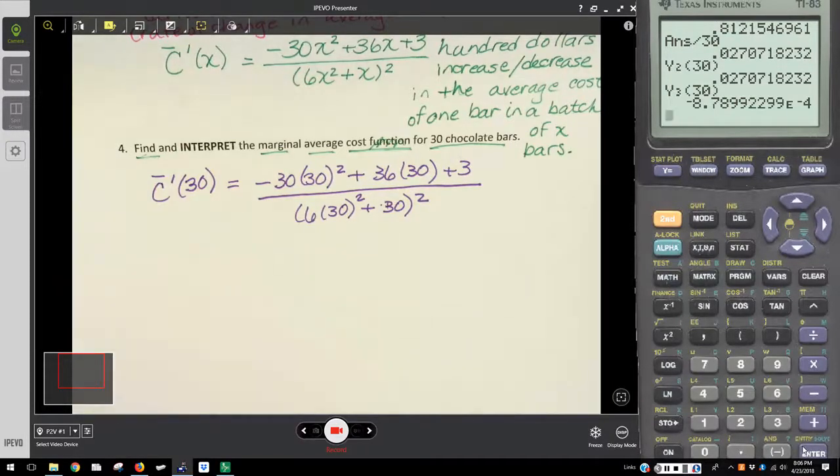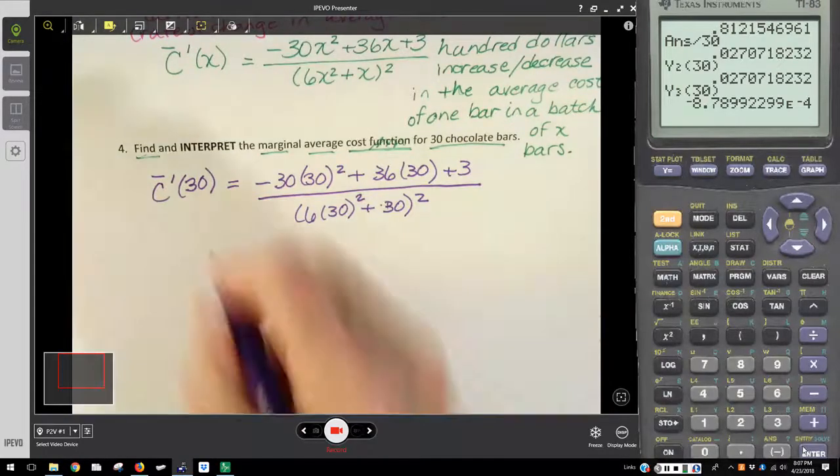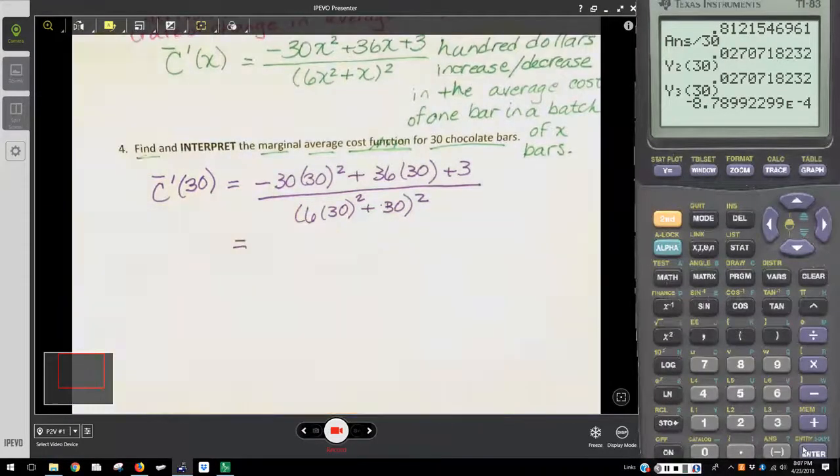I want you to notice this is the same value that you would get if you actually substituted in negative 30 times 30 squared plus 36 times 30 plus 3, hit enter, and then divide that by the complete quantity 6 times 30 squared plus 30 all squared.